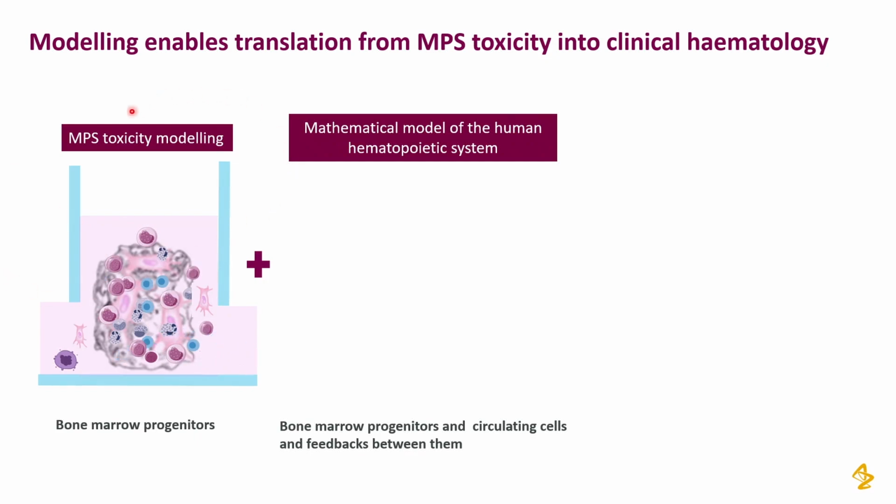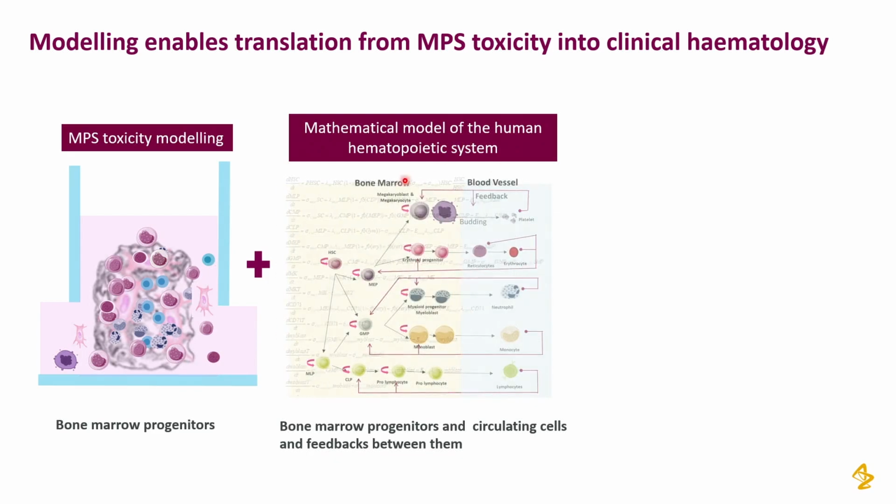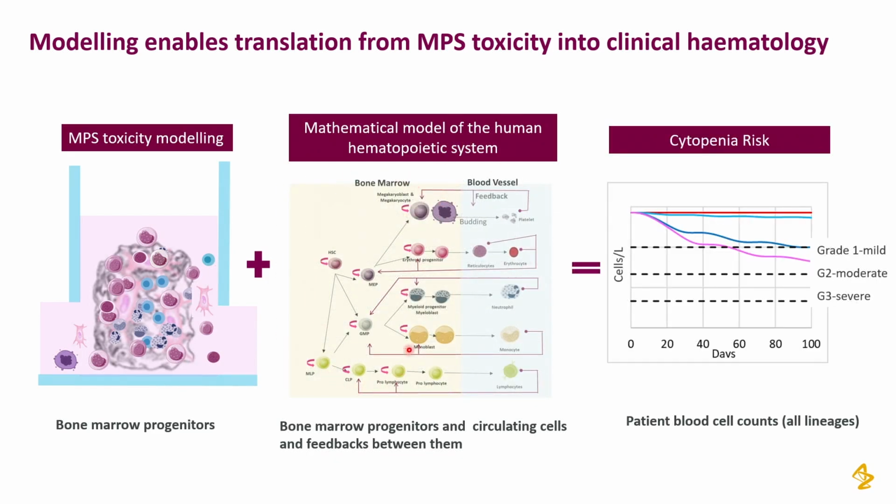And this is where the translation comes in. What we have in the chip are bone marrow progenitors, and we can measure how these progenitors respond to the drugs. Then we have developed a mathematical model that describes the human hematopoietic system. It describes proliferation of the bone marrow progenitors: hematopoietic stem cells proliferate and differentiate into different progenitors that are also proliferating and differentiating into all the circulating blood cell lineages.